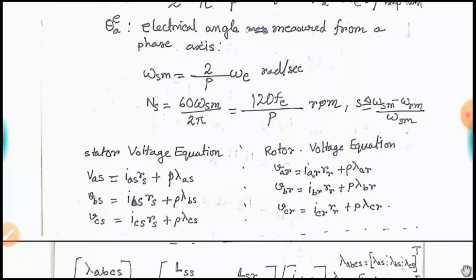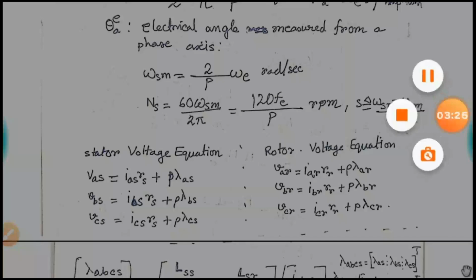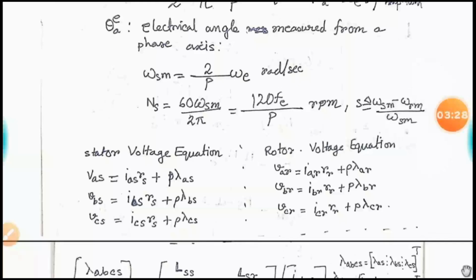By connecting external resistance, you can vary the starting resistance during start, and once the motor starts rotating, you can gradually cut down the rheostat, or the external resistance, from your rotor circuit.